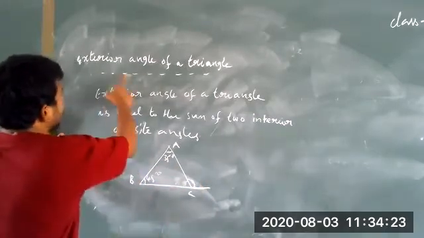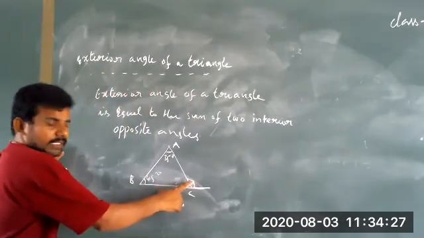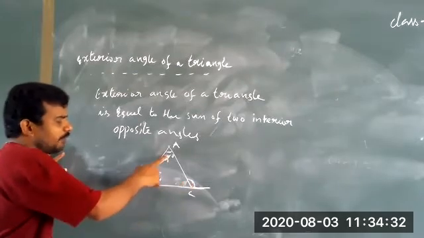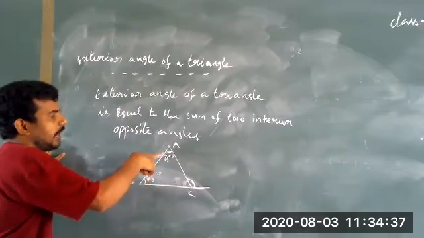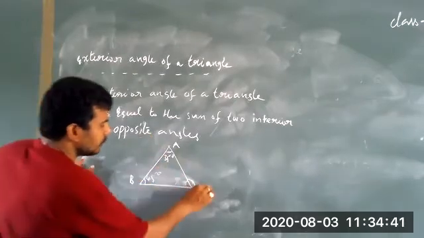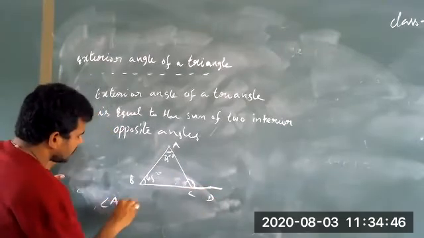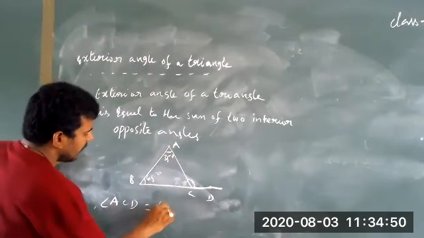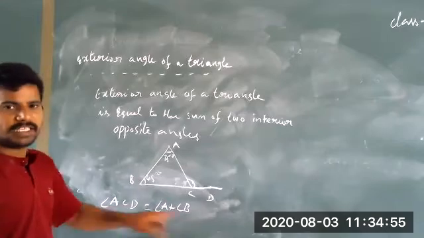So what about the exterior angle of a triangle? This exterior angle is equal to the sum of the two interior opposite angles. Extending AC to point D, angle ACD equals angle A plus angle B. These both are interior angles.